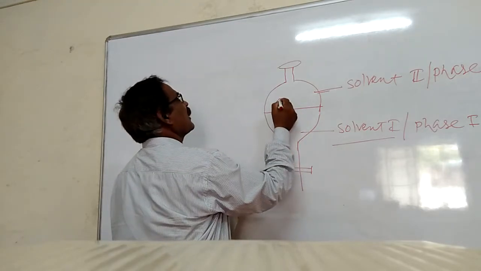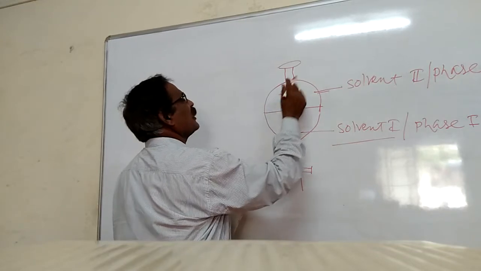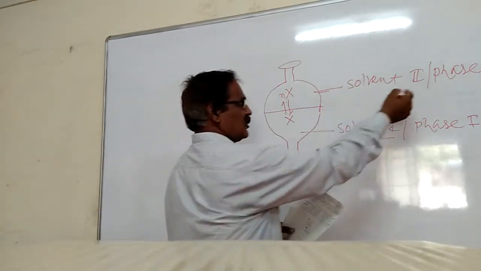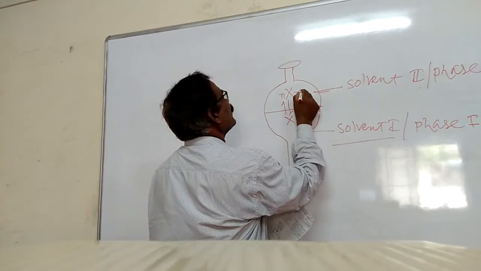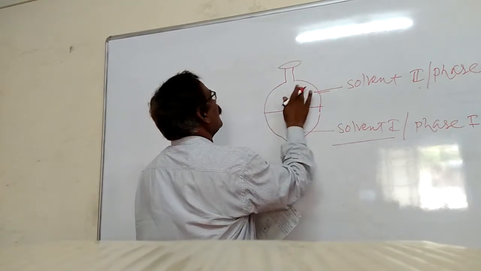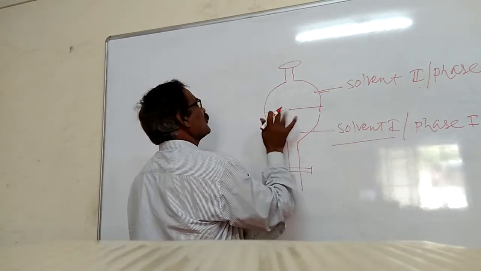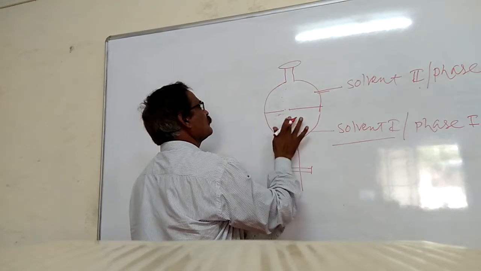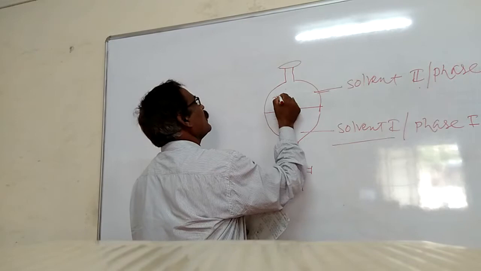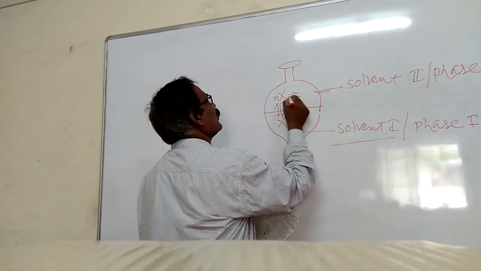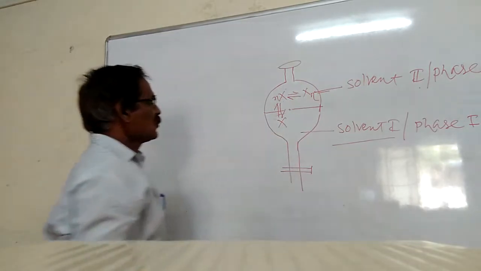So solute X distributes between these two immiscible solvents, solvent 1 and solvent 2, and in solvent 2 it undergoes association. nX in equilibrium with Xn.